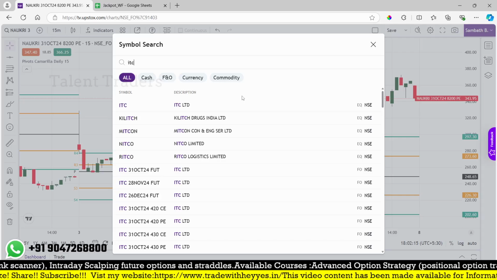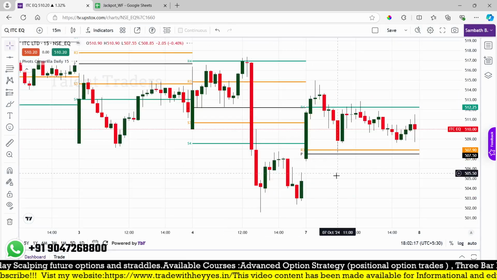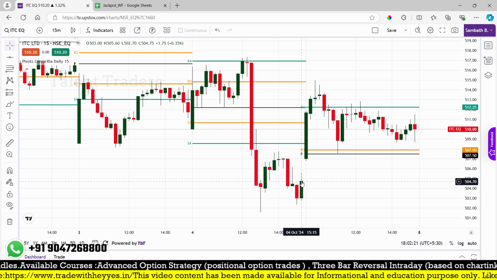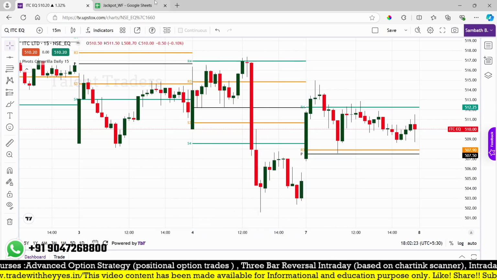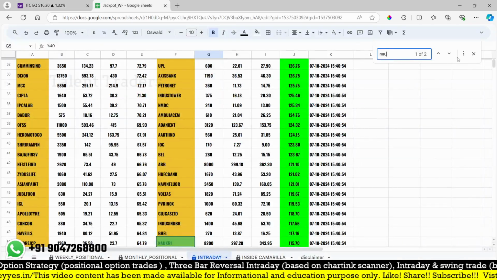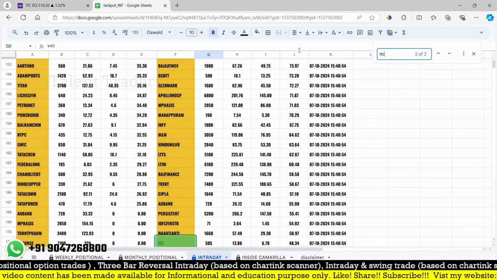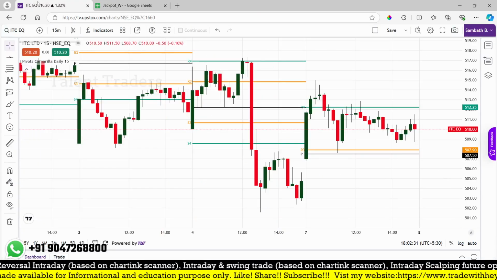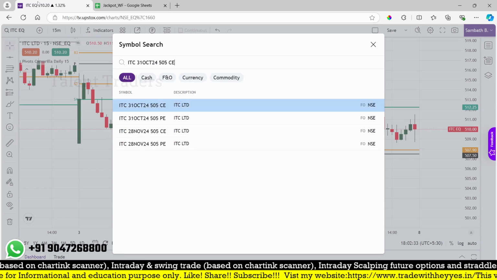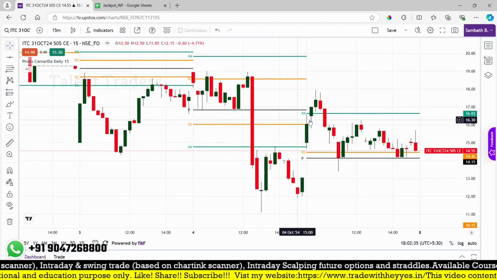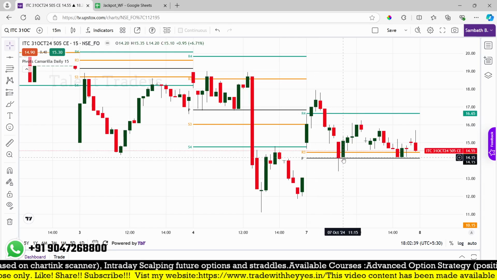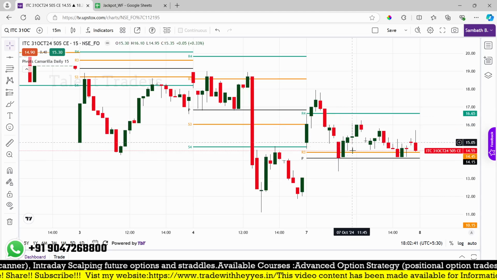So ITC, how do I find out the strike price according to the previous closing price? This is the previous closing price, and 504, maybe 505 or 510 should be the strike price. Let me check ITC. Here 505 is the strike price. Let me go for the ITC 505 call option. Here the second candle breakout also happened, and my stop loss was triggered, 16.65 to 14.